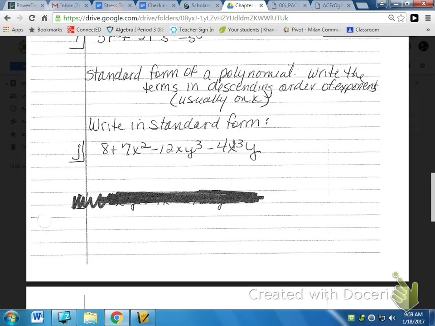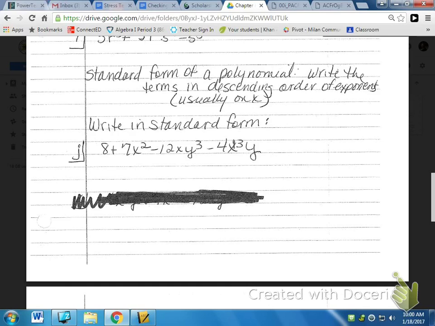Okay, so to write standard form for a polynomial, you write the terms in descending order of the exponents. Now, descending order. Who knows what descending means? Zach. Falling, goes down. So it starts high and goes low. Now, if there's more than one letter, you usually do your X. Okay? Or, if there's more than one letter and there's not an X, then you follow alphabetical order.